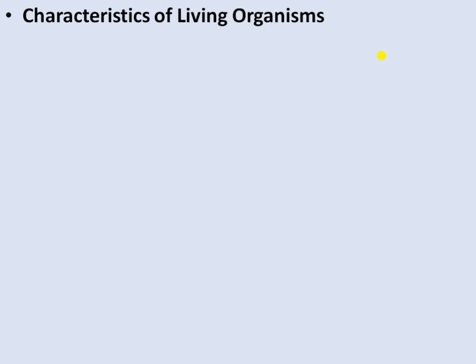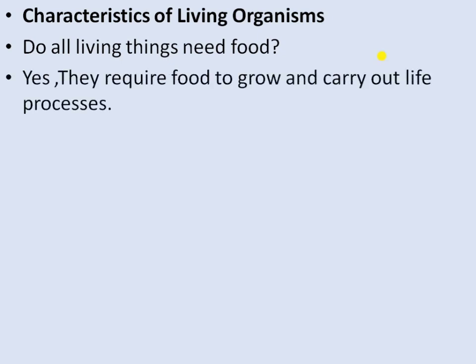Next is about the characteristics of living organisms. First question: do all living things need food? Yes, they require food to grow and carry out their life processes. In chapters 1 and 2, we already learned that all living things need food.